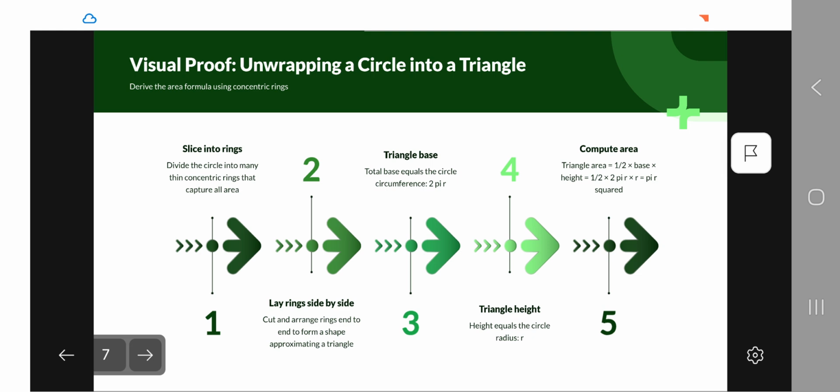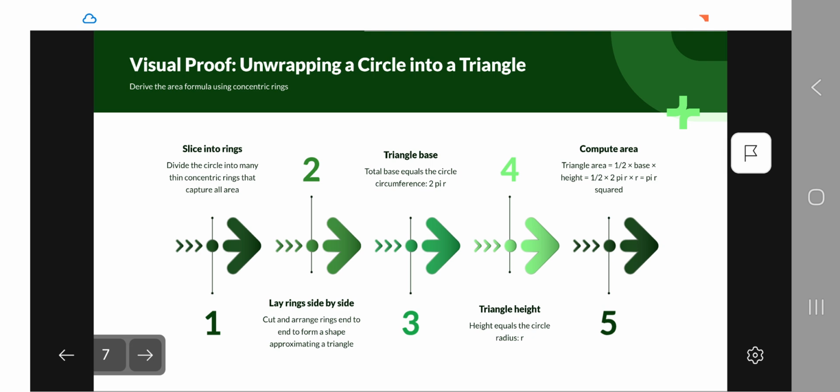So, cut and arrange rings end to end to form a shape approximating a triangle. Now it's time for number 3. It's the triangle base. So, total base equals the circle circumference, 2 pi radius.